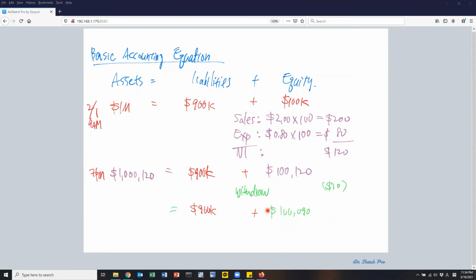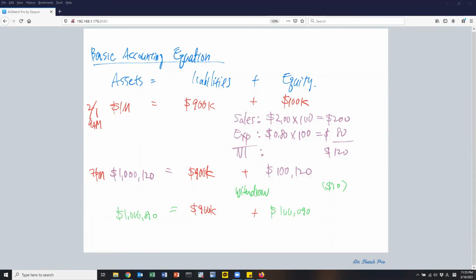Now it is $100,090 plus $900,000, which is $1,000,090, right? This is my new assets, and my liability is the same. My new equity, originally it was $100,000, now it is $100,090, right?